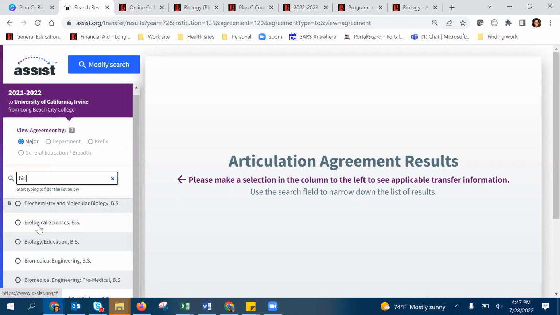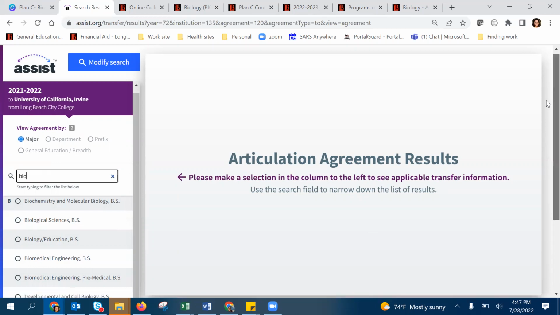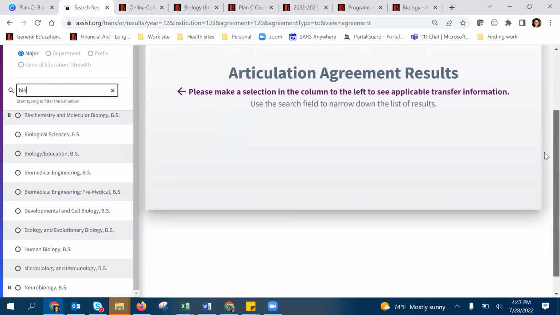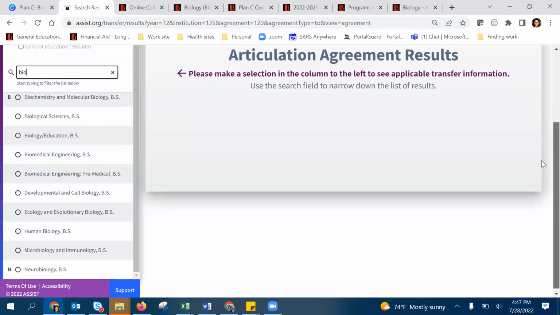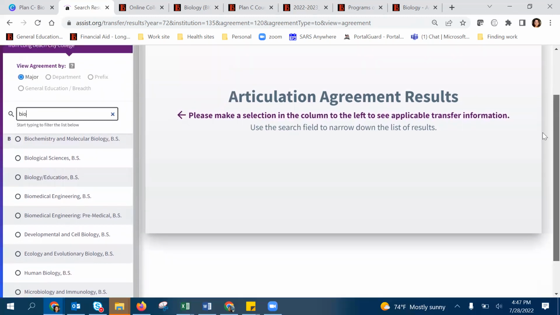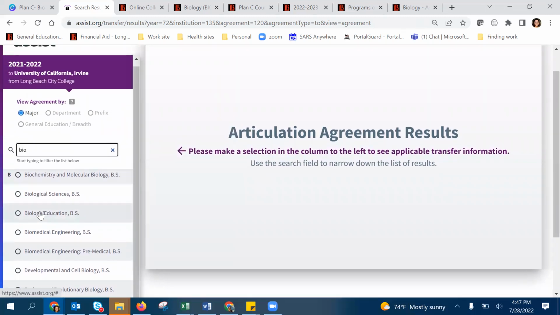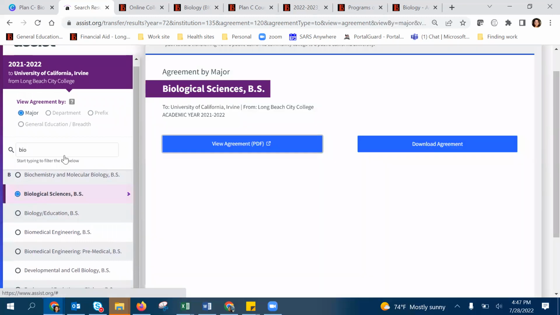Biochemistry, biological sciences BS, biology education BS, biomedical engineering, pre-medical, developmental and cell biology, ecology and evolutionary biology, human biology, microbiology and immunity, neurobiology. For this particular example, we're going to stick with biological sciences.